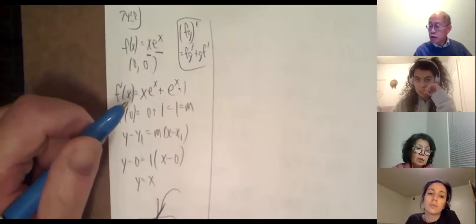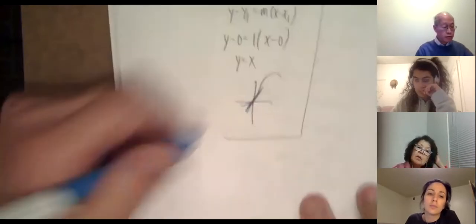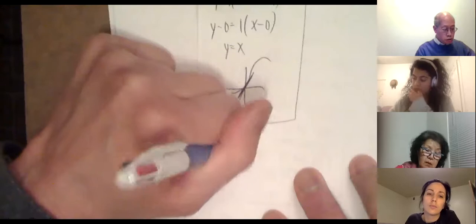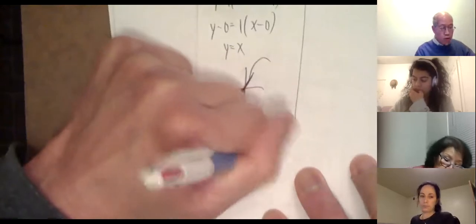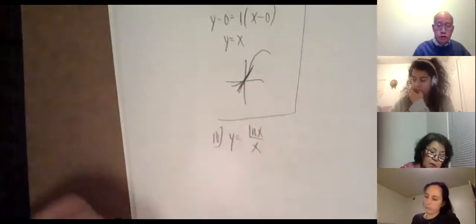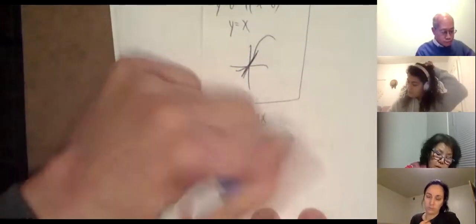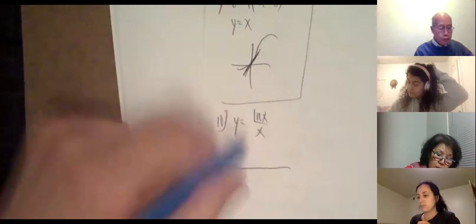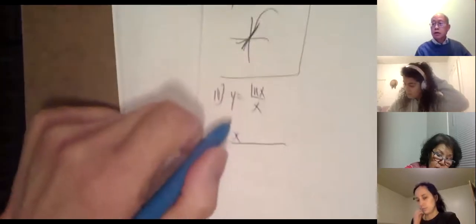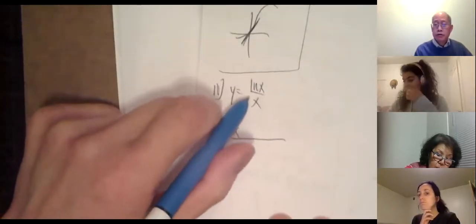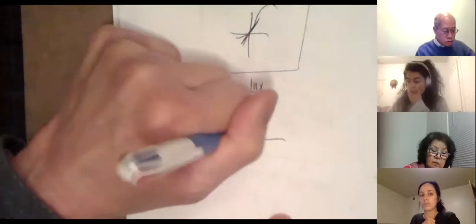Okay, question 10. Give the derivative of y equals natural log of x over x. So this is the quotient rule, right? So the bottom times the derivative of the top. What's the derivative of ln x? 1 over x.